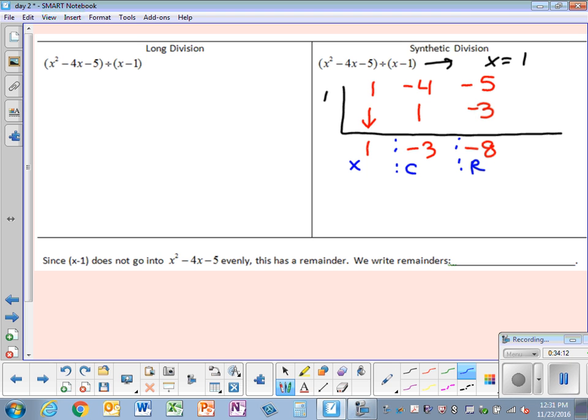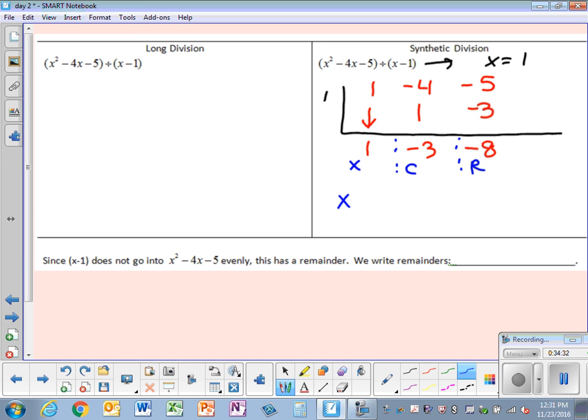And you know, guys, you're dividing. If you start with an x squared and you divide it by an x, then your quotient should be going down 1 degree. So it should be x, right? You're dividing a parabola by a linear.